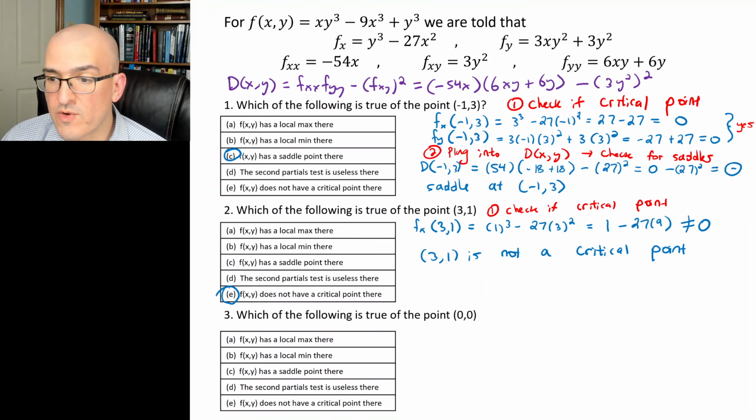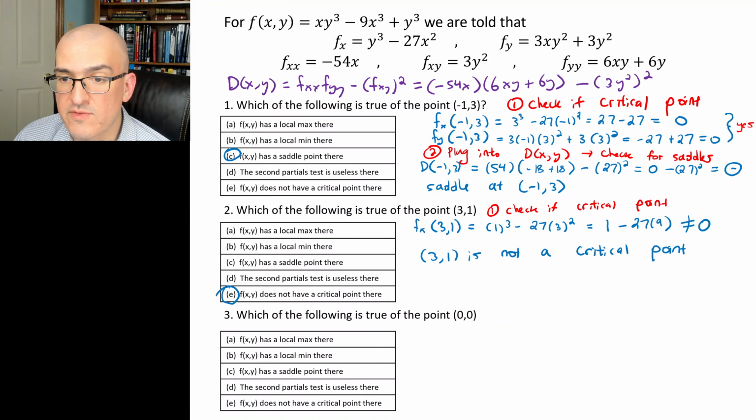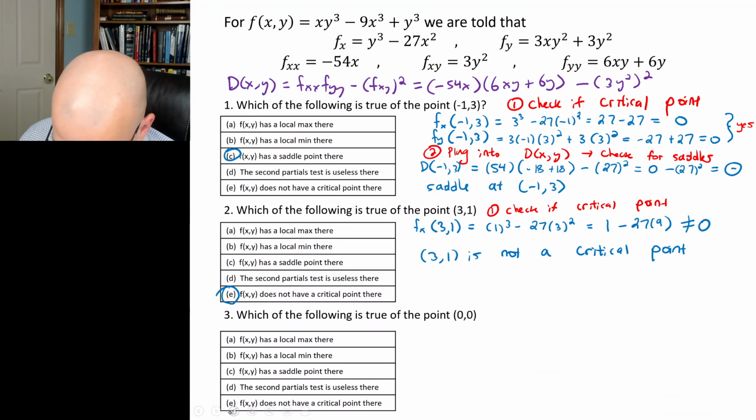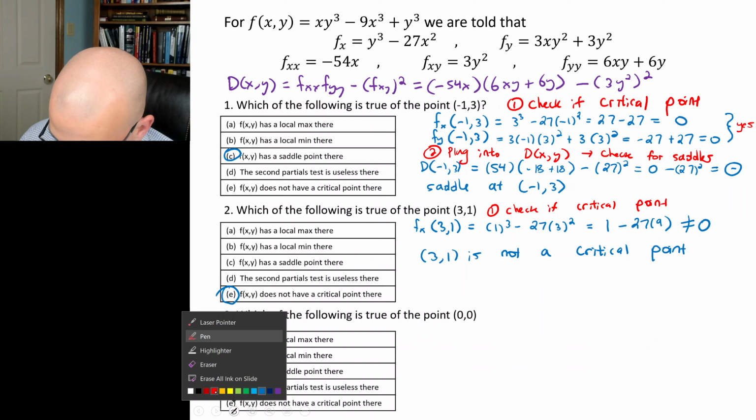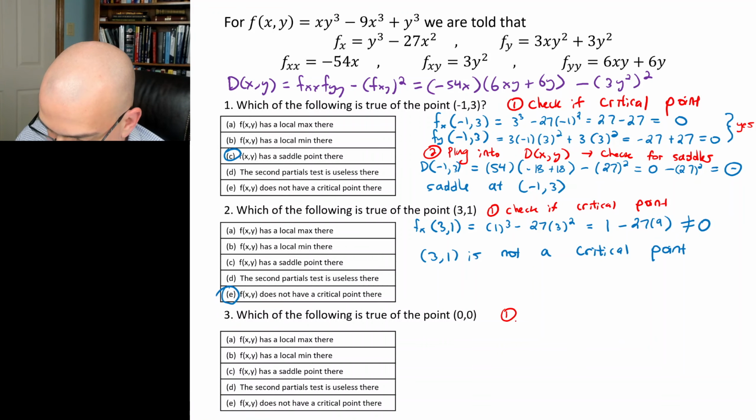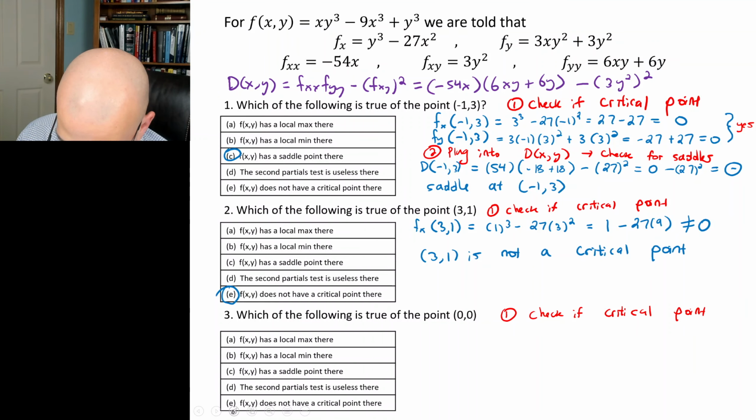Next one. Which of the following is true of the point 0, 0? So check if it's critical. Both first derivatives must be 0.